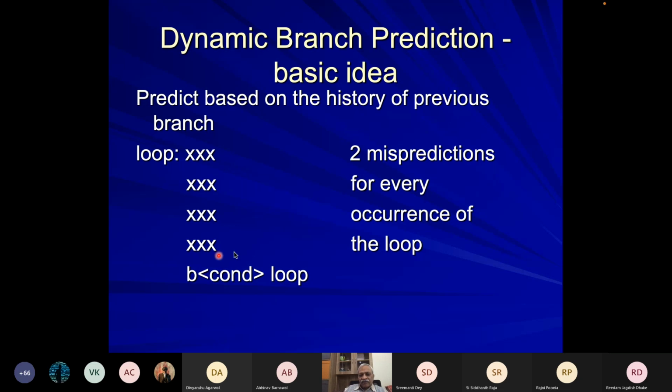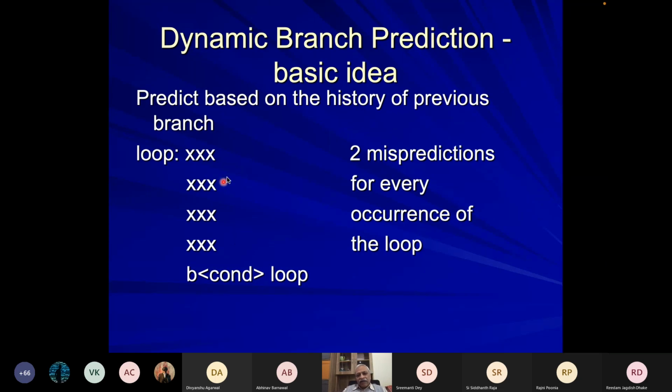Then next 8 iterations you will be correct. Okay, because branch was taken and it will be repeatedly taken. When you are exiting again, you will make a mistake. Okay, your prediction will go wrong. So out of 10, 2 times you have gone wrong, but 8 times you are correct. Or if loop was done 100 times, you are correct 98% of the time, 2% of the time you are wrong. So not bad.